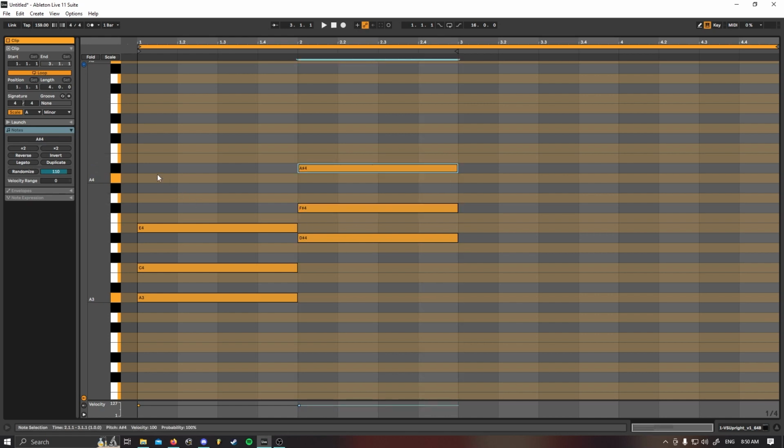None of these notes are in scale, so very, very strong clash there. Sometimes that's what you want. You do that a lot in metal music, this sort of movement, but it's easier to digest as a listener sometimes when you're justifying some of those moves.